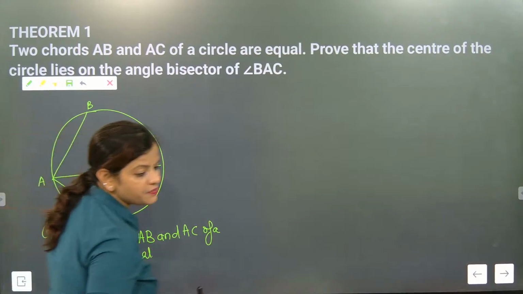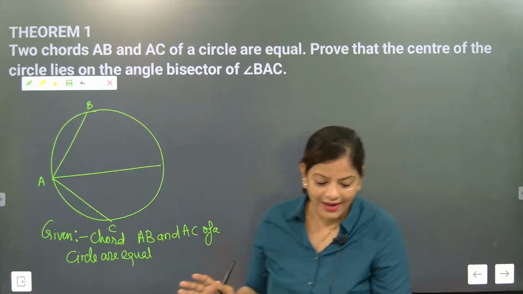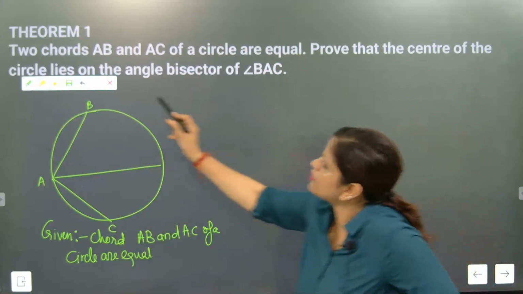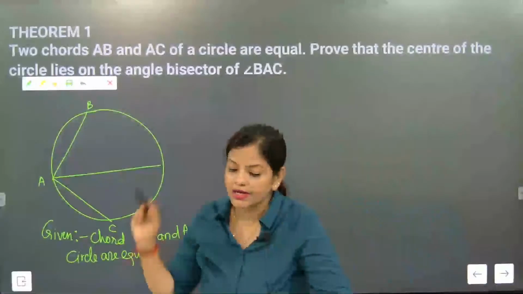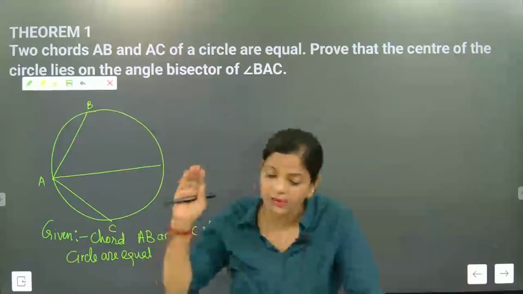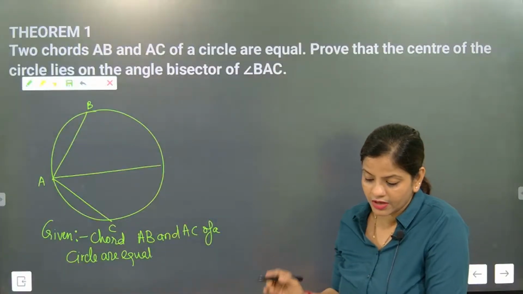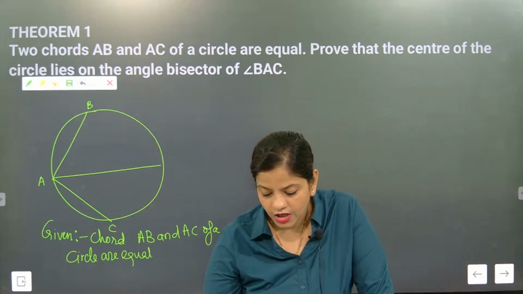Understood? So what is bisecting? The angle bisector. Note down the angle. Prove that, see what they are saying: prove that the center of the circle lies on the angle bisector of angle BAC. So that's a very, very important thing we need to prove. I hope you have understood.